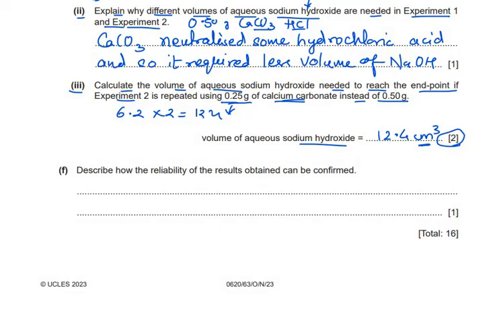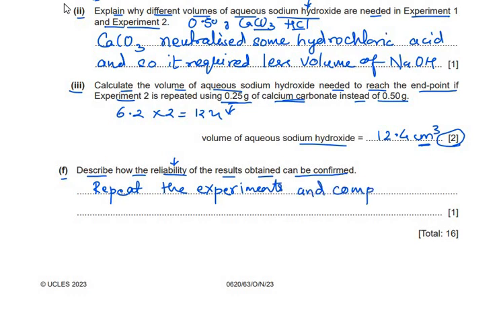12.4 centimeter cube of sodium hydroxide will be required to neutralize the acid if half the calcium carbonate is added compared to earlier. Okay, the last sub question says describe how the reliability of the results obtained can be confirmed. If we are talking about reliability, how do we know that the results obtained are correct? We can repeat the experiment and find the average, and compare the results.